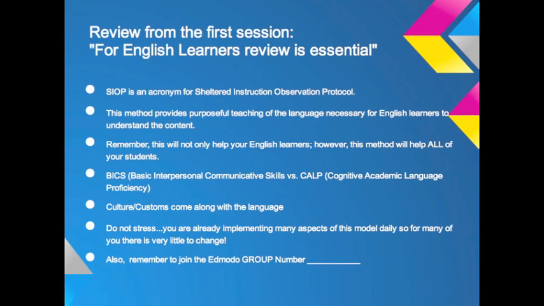Also, we talked about that this will not only help your English learners, however, this method will help all of your students. We also discussed BICS and CALP. BICS is your basic interpersonal communicative skills, and CALP is the cognitive academic language proficiency. And it usually takes a student longer to develop the cognitive academic talk than the basic.